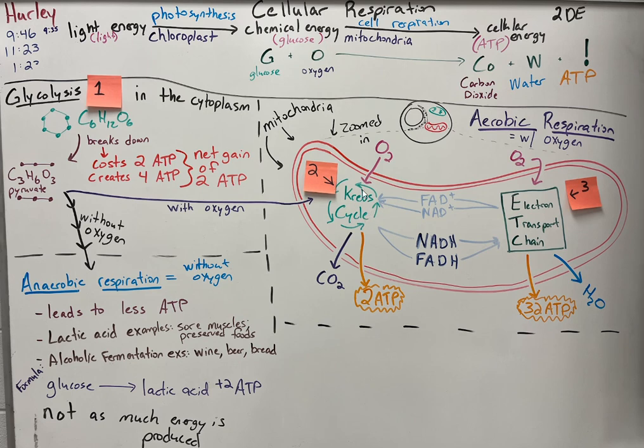Here's a Krebs cycle over and over, charging dead FAD and NAD pluses, and then sending those NADH and FADHs once they've been charged. Once these have been charged, they're going to be sent back into the ETC, and it's going to create ATP. So we've got a bunch of different ways that we can get ATP. The biggest bulk of it is going to come from the ETC, and this is cellular respiration.